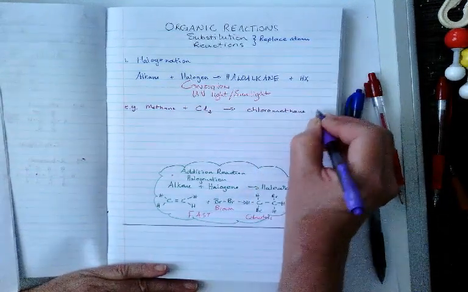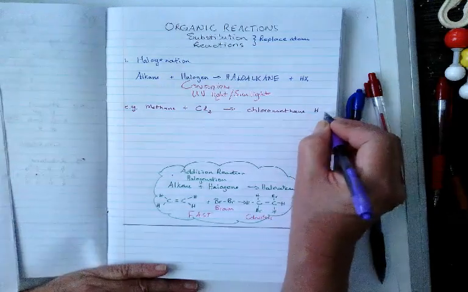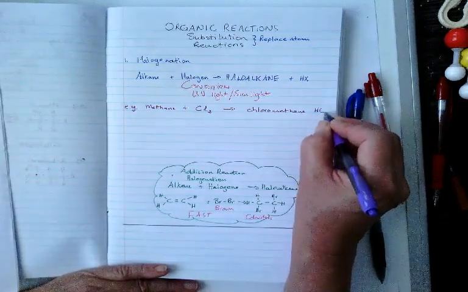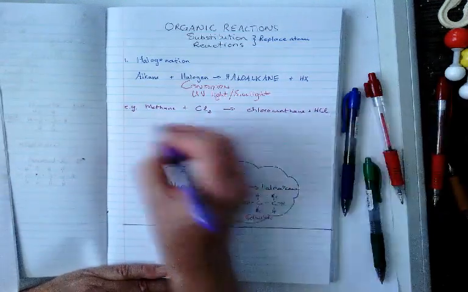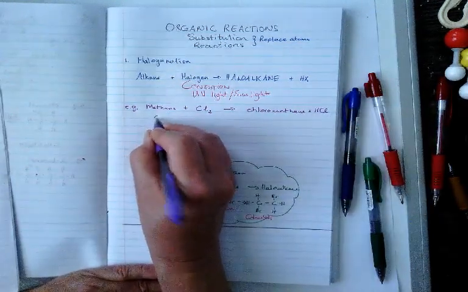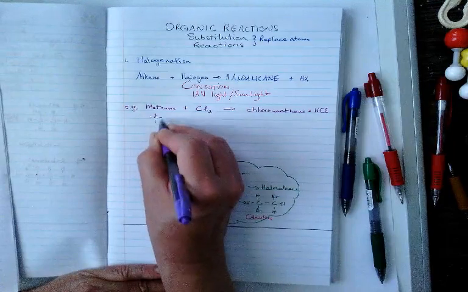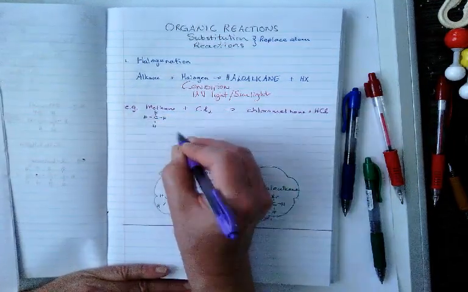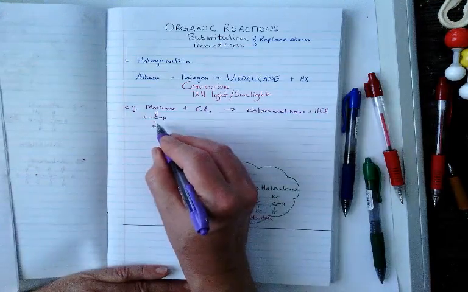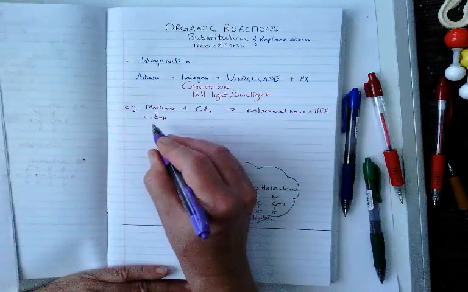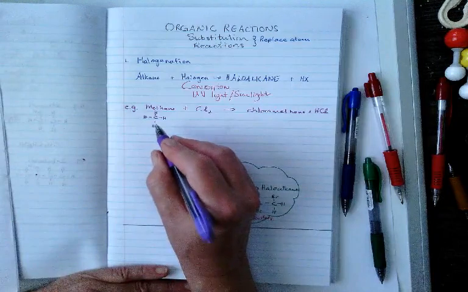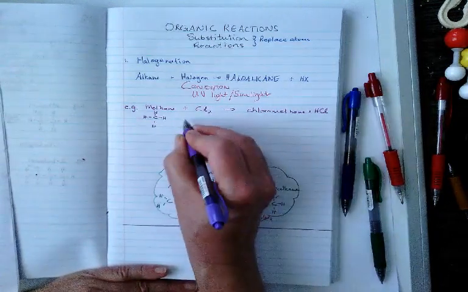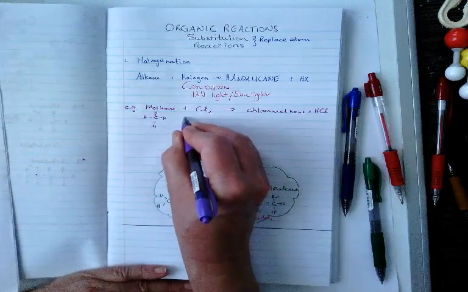And because the hydrogen breaks off the alkane, the hydrogen chloride will be forming there. In terms of structural formula, methane has 4 hydrogens joined to the carbon. This is also called carbon tetrahydride. Sorry for my tongue twister there.